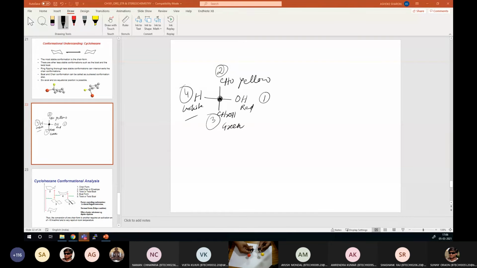So now tell me, what is the angle between these 2 planes in the current situation? 0 or 180?